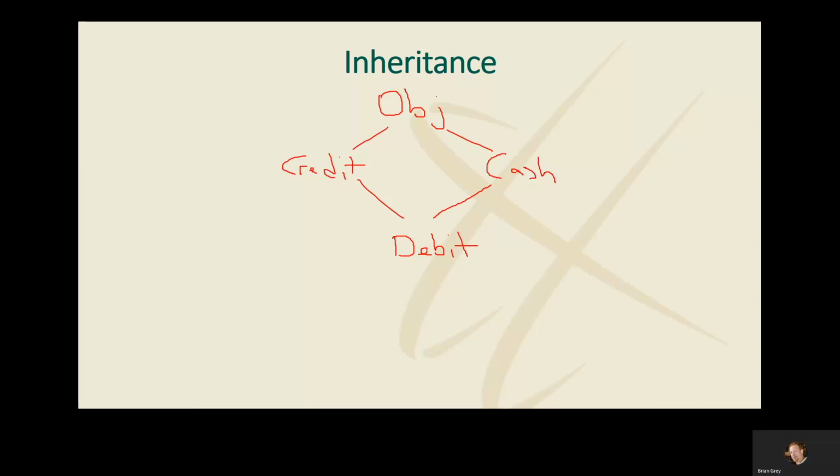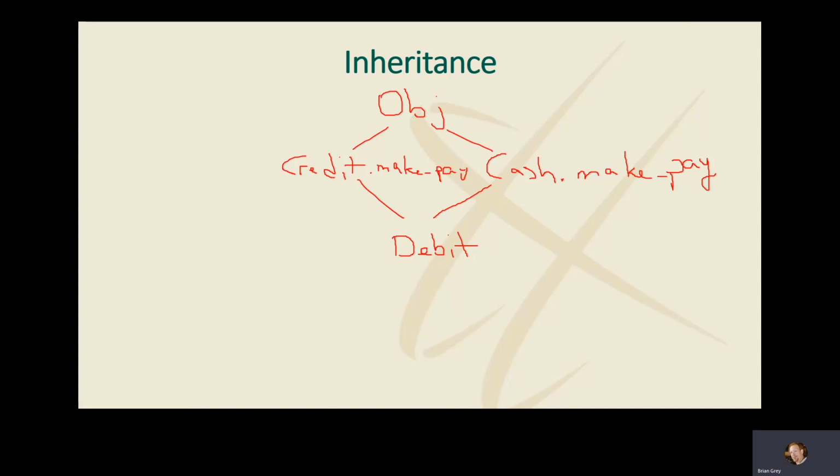All right? Well, this one has a make payment. And this one has a make payment. Cash having a make payment doesn't really make a whole lot of sense, but on a conceptual level, you can see where I'm going with this.